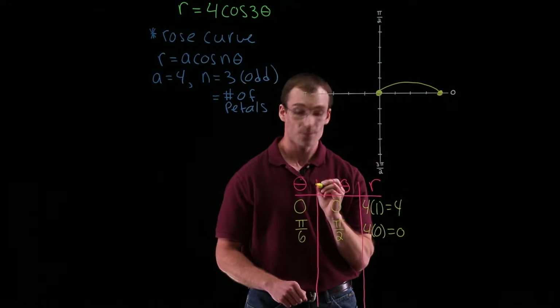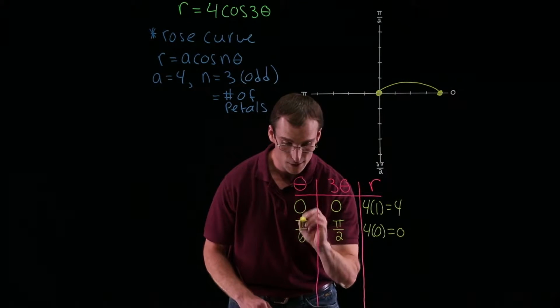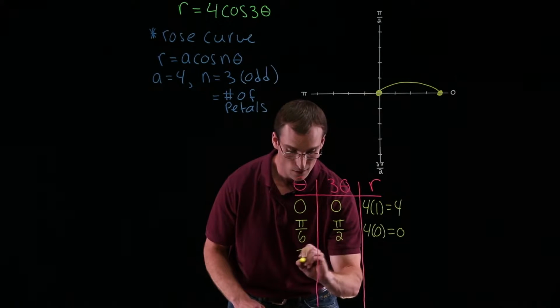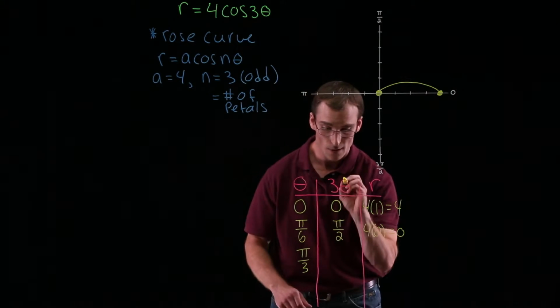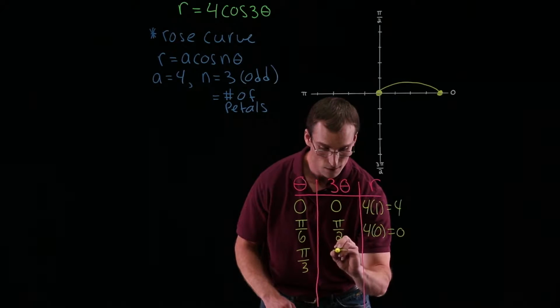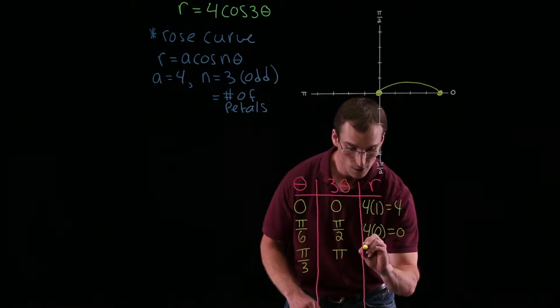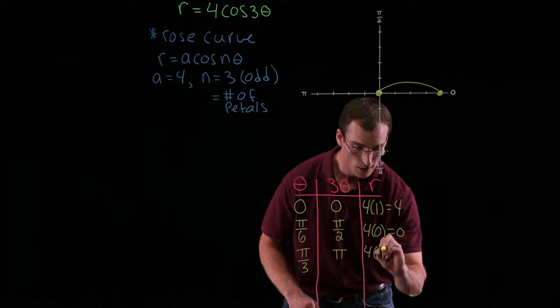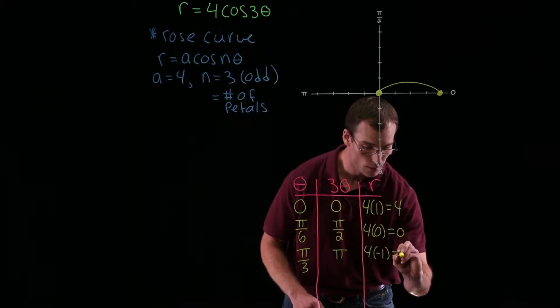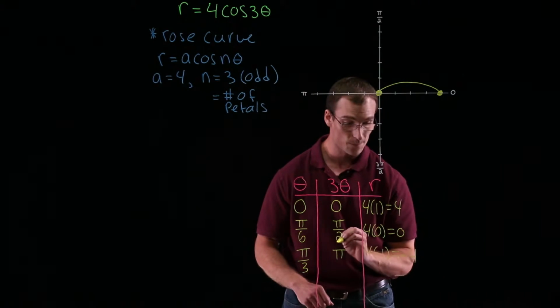So now we'll keep going. Counting by pi over 6, next we'll have pi over 3, and 3 times that gives us pi, and cosine at pi is -1, so our r is going to be -4.